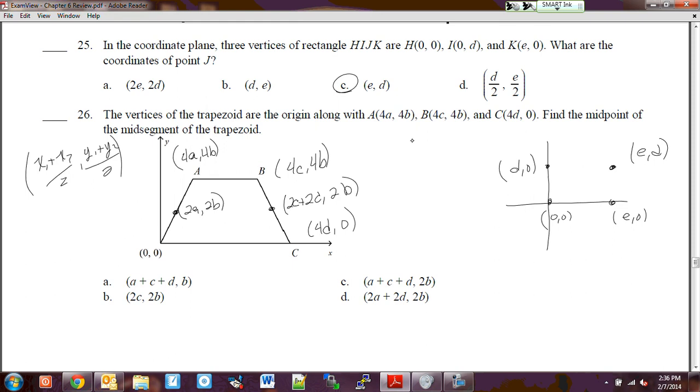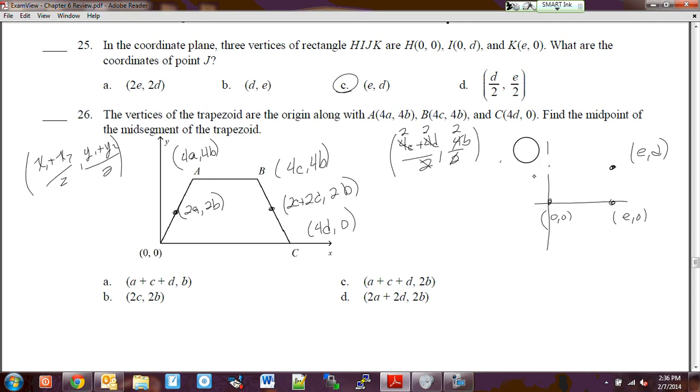All I did here for the x's was 4c plus 4d divided by 2. Well, you can pull a 2 out of here and cancel it with the 2 on the bottom, so both of these 4's become 2's and the fraction disappears. And then of course 4b plus 0 is just 4b over 2. Well, the 2 cancels with the 4 and makes it a 2. That's all I did for that.